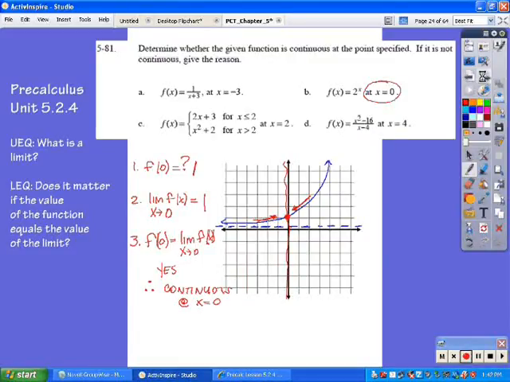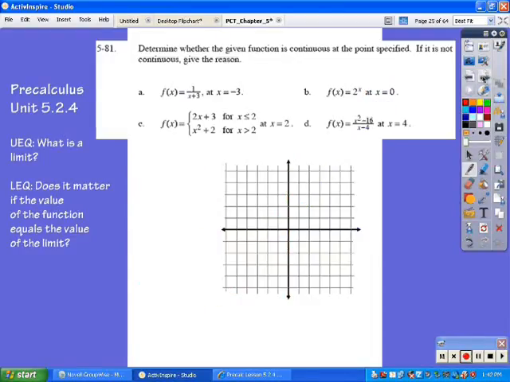Part C, we're going to look at a piecewise function. In that piecewise function, the first part of it is a linear curve. It's 2x plus 3. So that's a starting value of 3, and all values less than or equal to 2. So if I plug 2 in there, that's 4, that's 7. It's going to be somewhere around here. That's a closed-in circle because it is an equal to symbol.